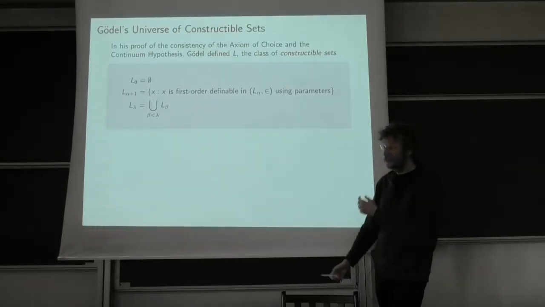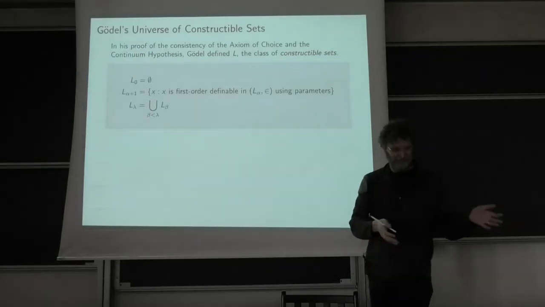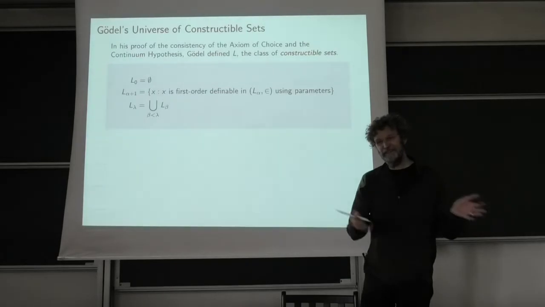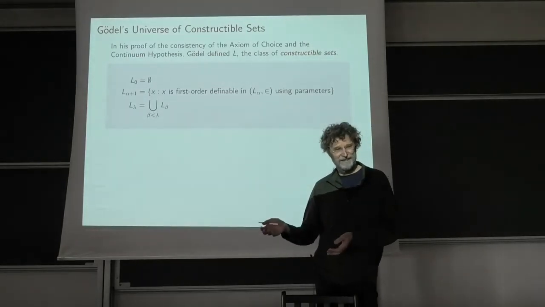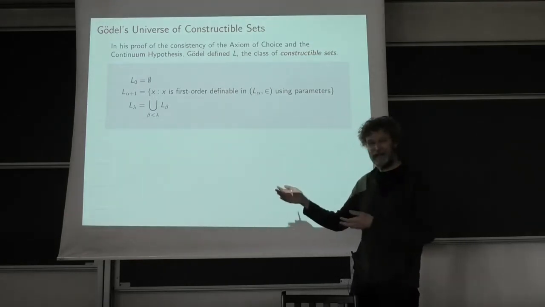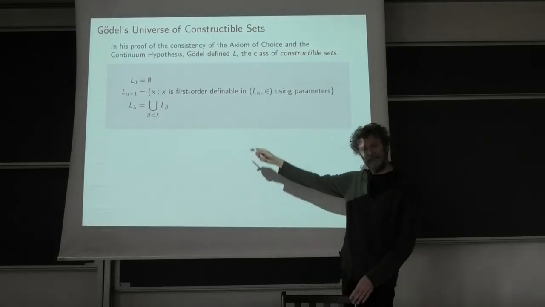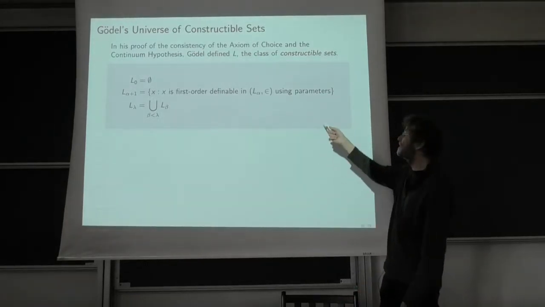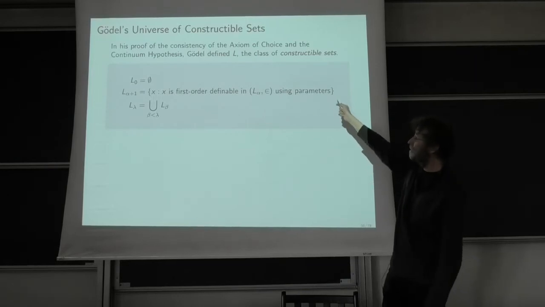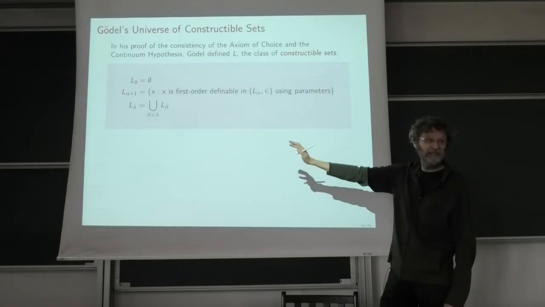Since the question is geometric but the answer is logical, to set up the apparatus to work on it I have to introduce what Gödel defined: the universe of constructible sets.